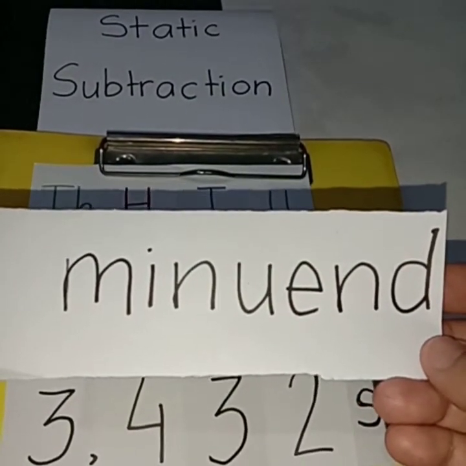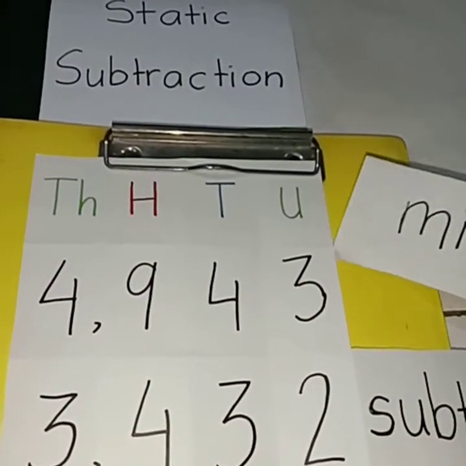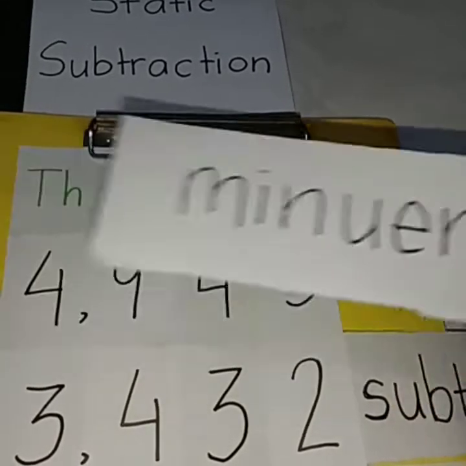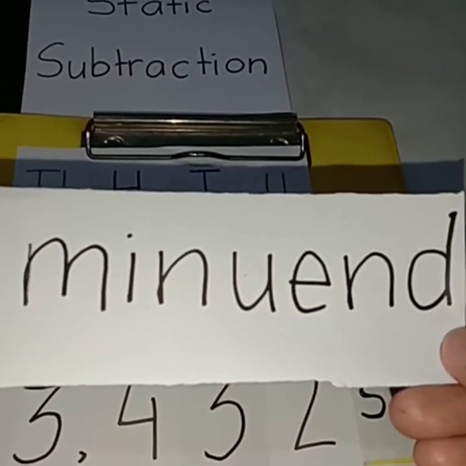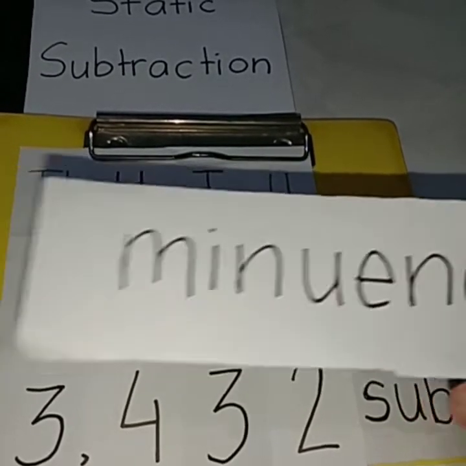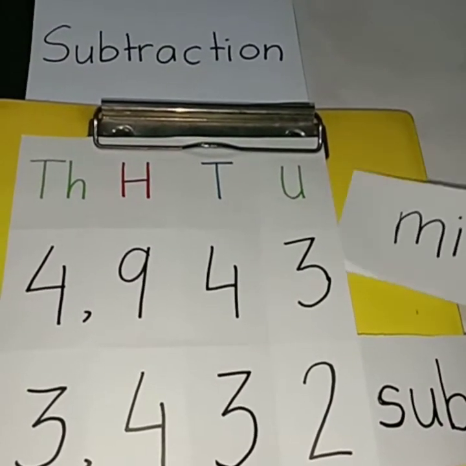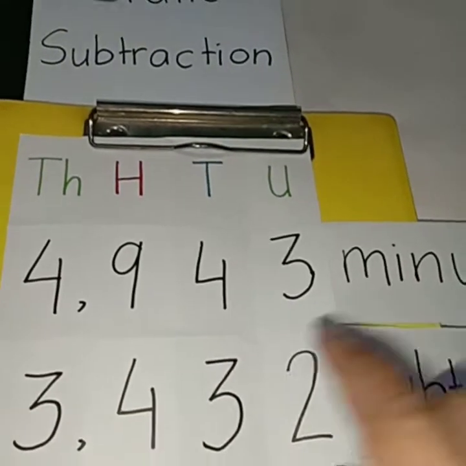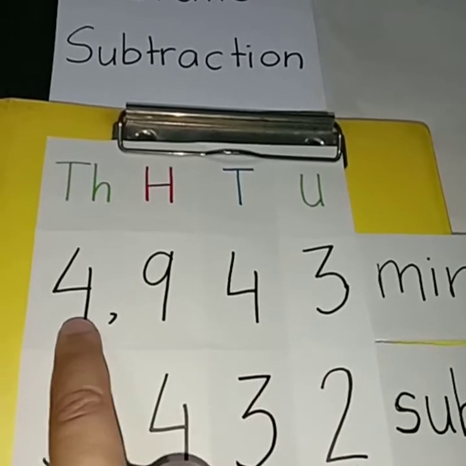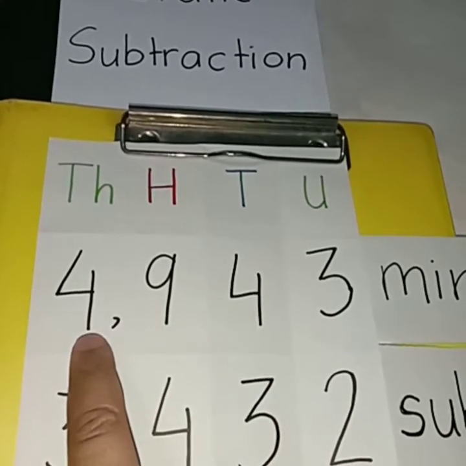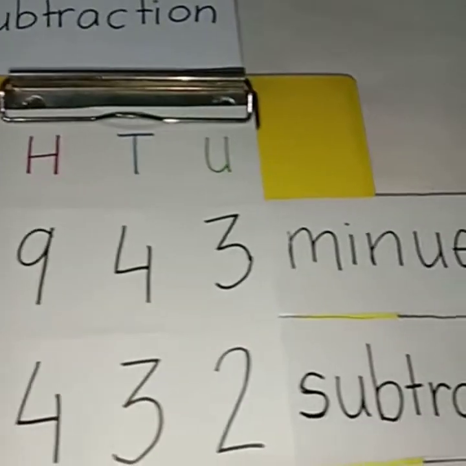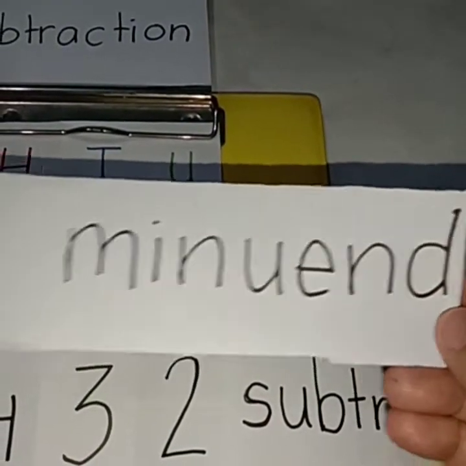Do you remember that? To some of you who have learned this at school, maybe you still remember this. But to those of you who haven't learned about this, now I'm going to tell you that the first number from the subtraction equation, or the bigger number, is called the minuend.